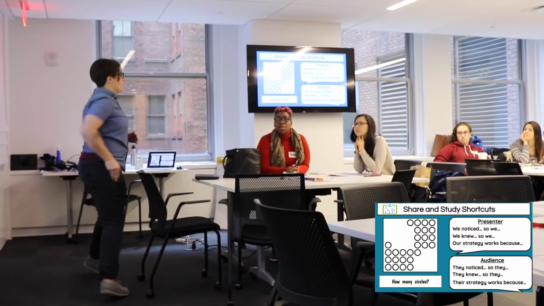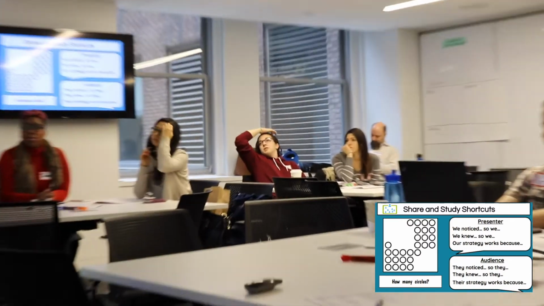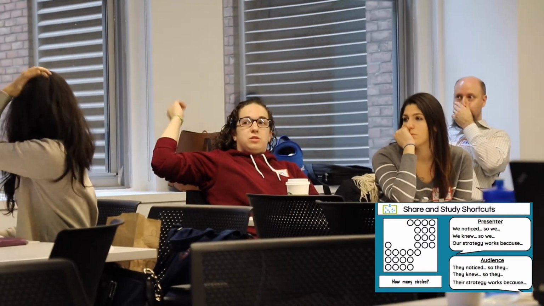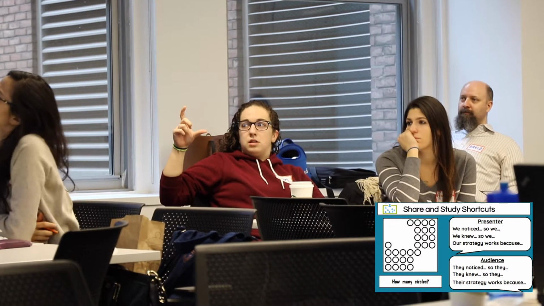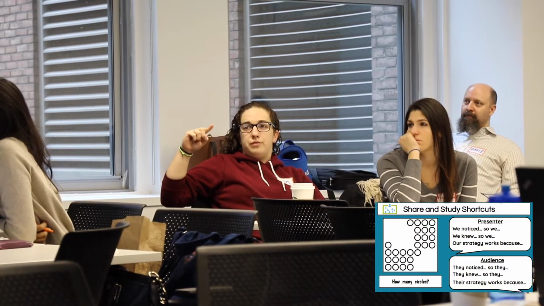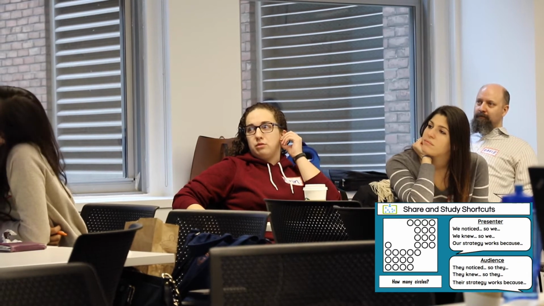Can I have a volunteer restate David's strategy there? Erin, go ahead. So we noticed that there were the 2 chunks of circles, and in both of them there was a 4 by 3 or a 3 by 4, which he knew would be 12.